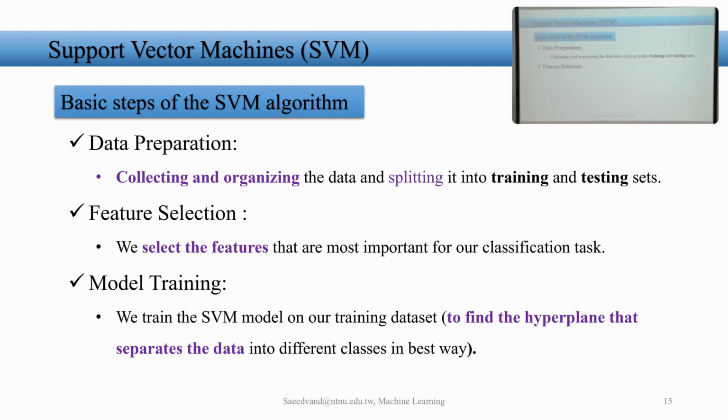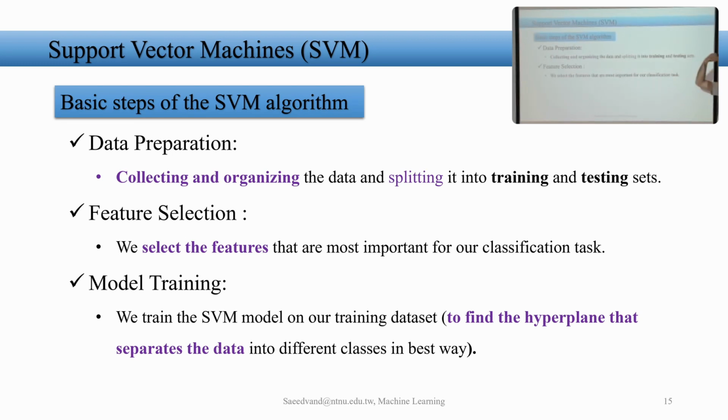After data preparation, you have the feature selection step. In the feature selection step, we select the features that are most important to our classification task. There are some points here. In some cases, with some data, you don't need to do any calculation.